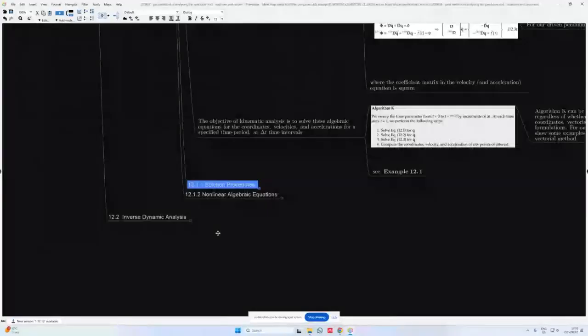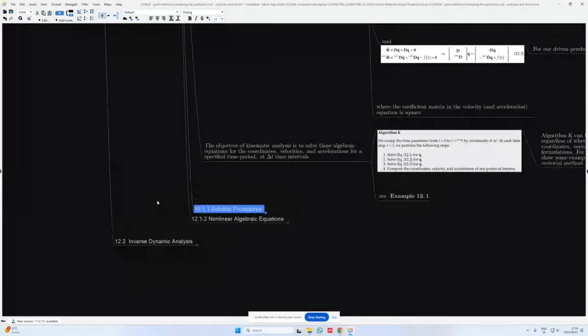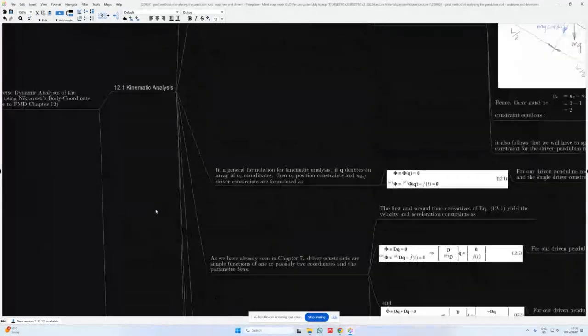Okay, so those are the methods that we apply to the kinematic analysis. We can then jump into section 12.2, which deals with the actual inverse dynamic analysis. Now that we've constructed the equations, we know what the iterative solvers are that we need for the kinematic analysis.